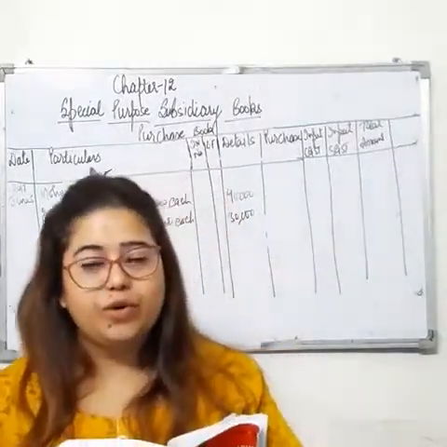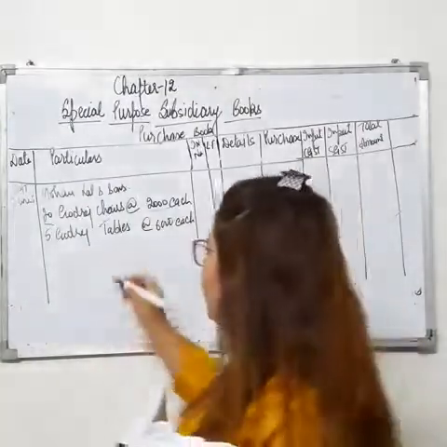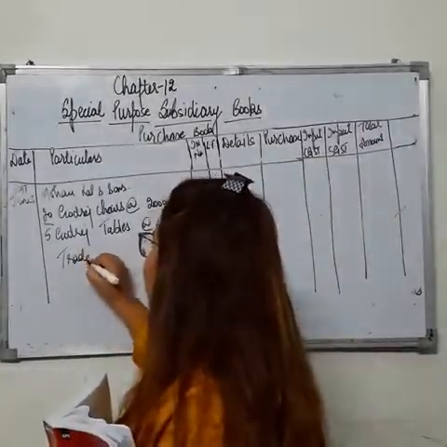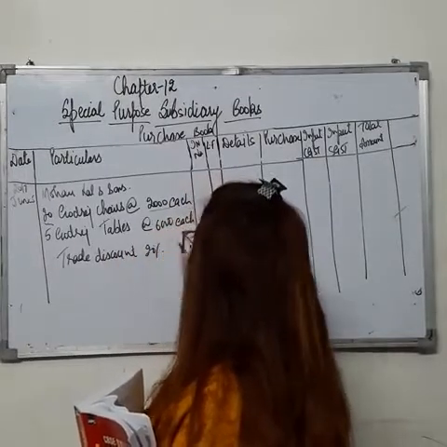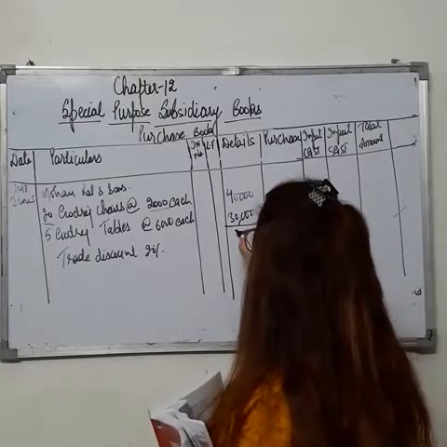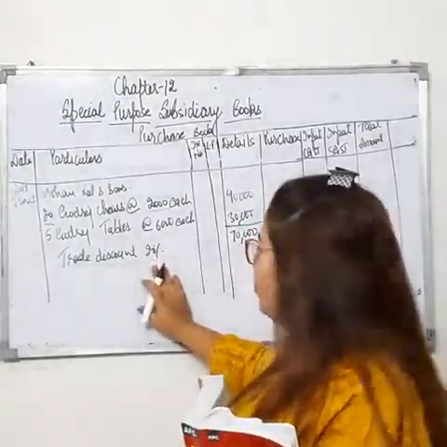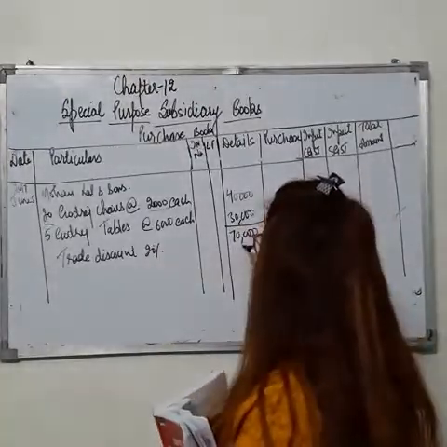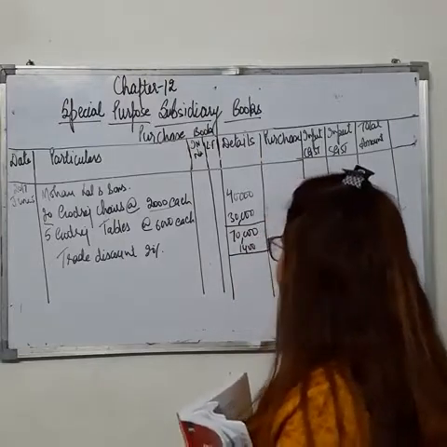Let's make a total. One thing more is given in the question, that is trade discount 20%. So firstly, I will just make a total of this, that is 70,000. Then I will apply the trade discount. Right, students?